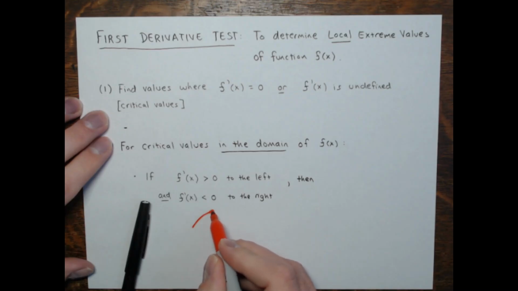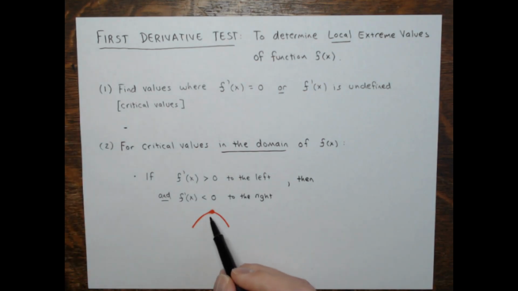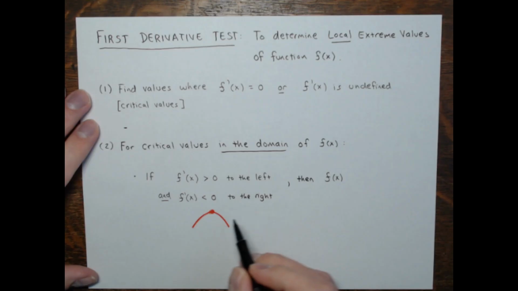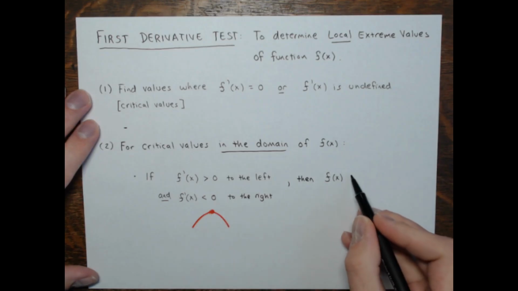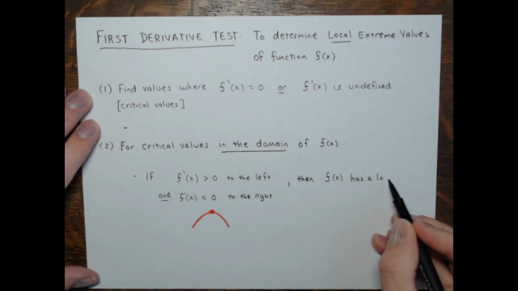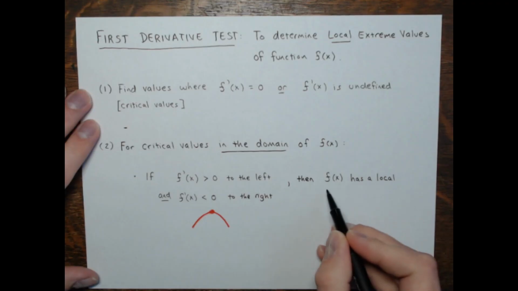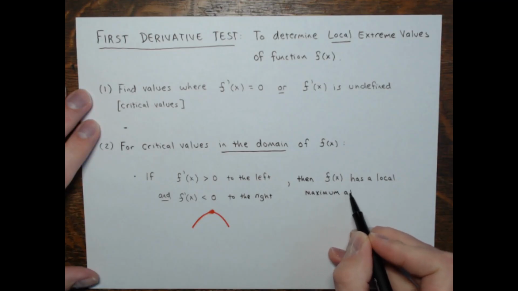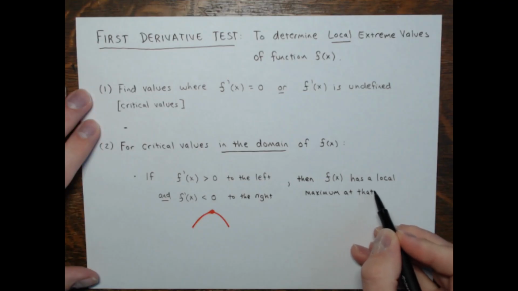And then we have the place where the derivative is 0 or undefined. We have our critical value point. And then negative to the right, the first derivative is negative to the right, so it's decreasing. So you see at those points, the function will have a local maximum value at that critical value. So f has a local maximum at that critical value.